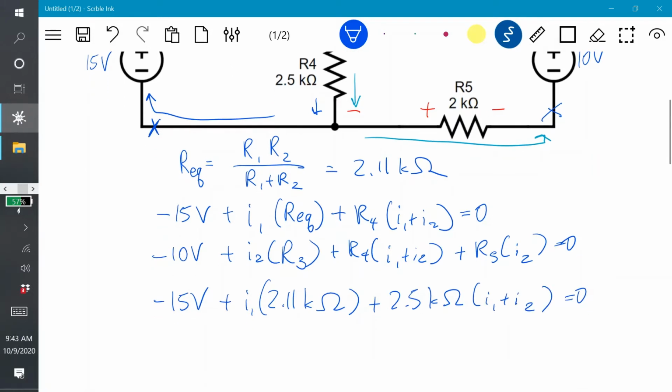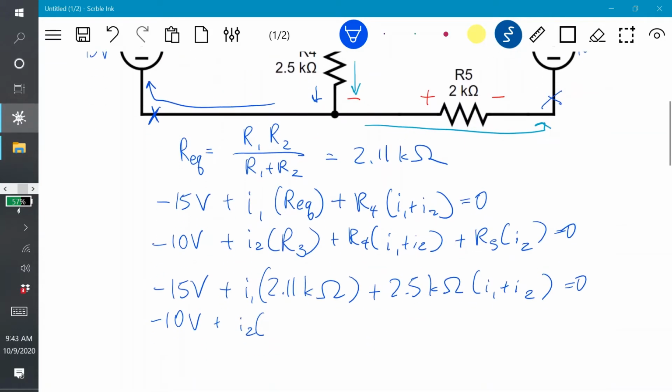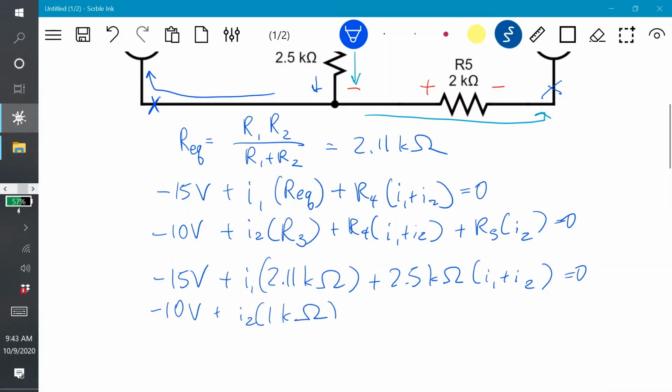Okay, second equation, we have negative 10 volts plus I2 times R3, which is 1 kilo ohm, plus R4, which is 2.5 kilo ohms, times I1 plus I2. What do we have? R5, which is 2 kilo ohms, times I2 equals 0.